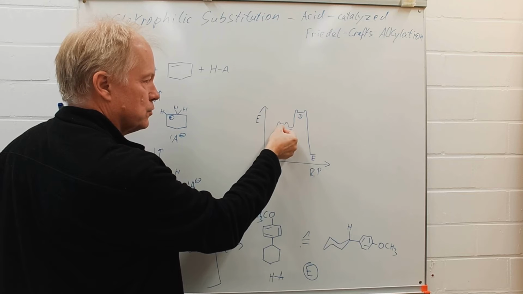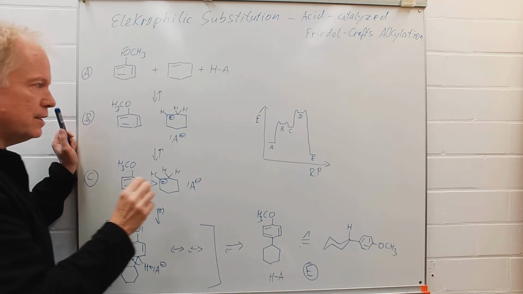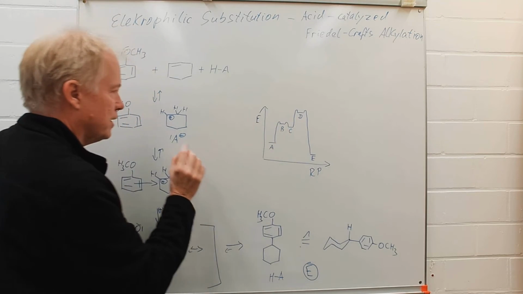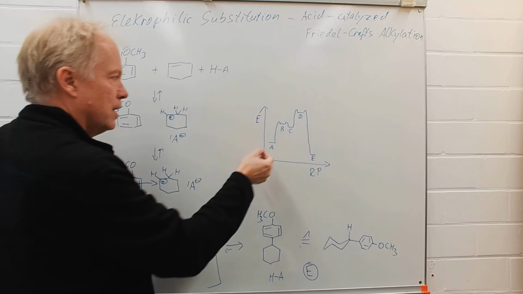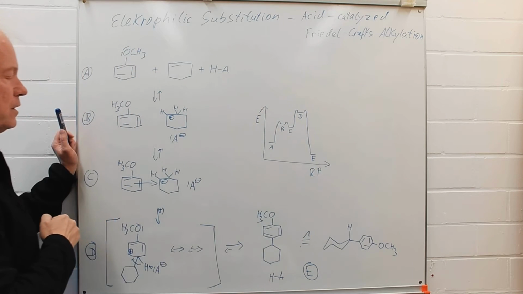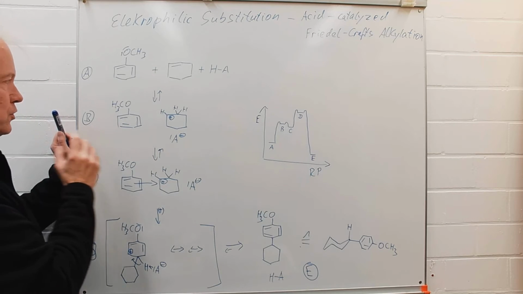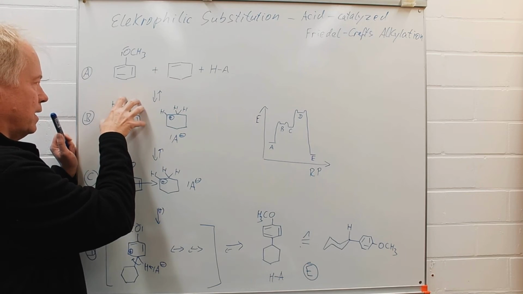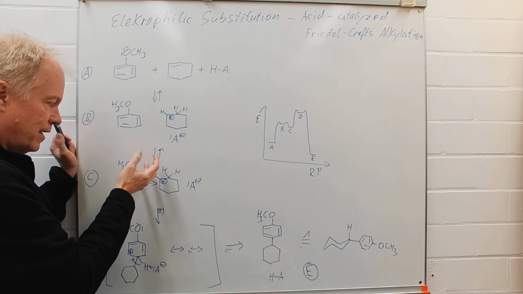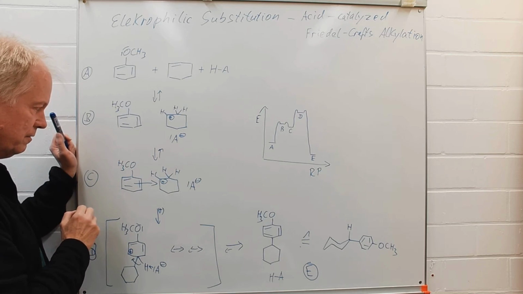Here we are at the situation B. It is a reactive intermediate, and we get to this intermediate through a transition state, a bit higher in energy, and then a bit lower, the reactive intermediate.